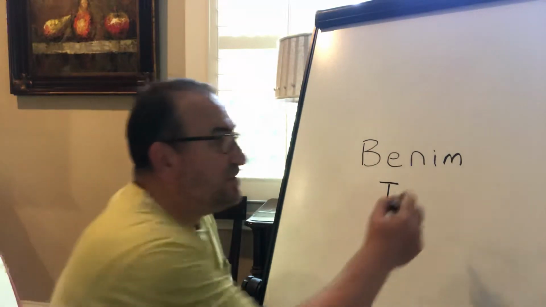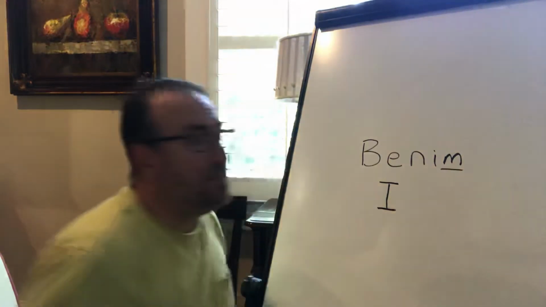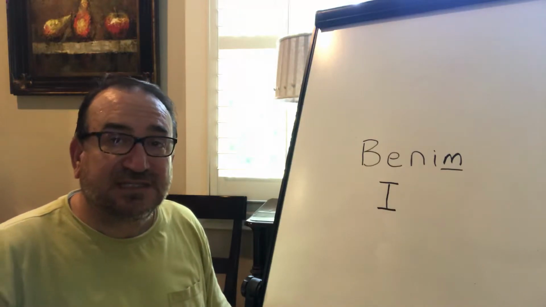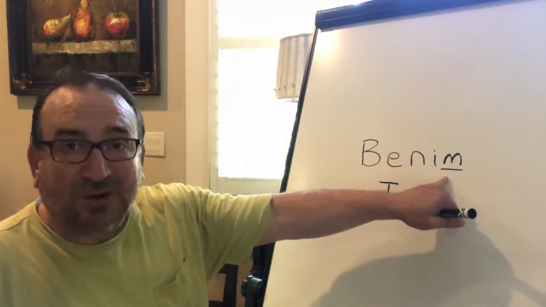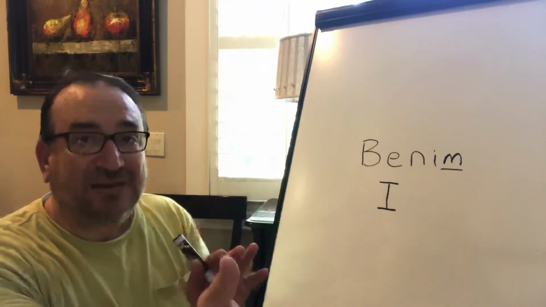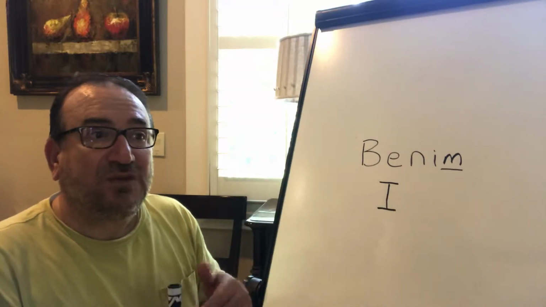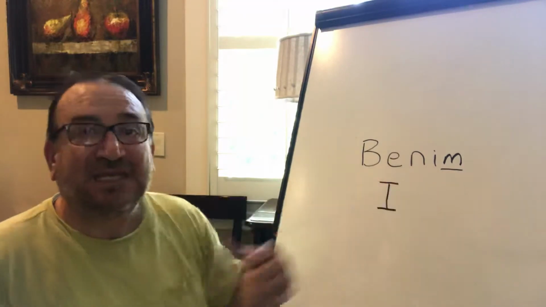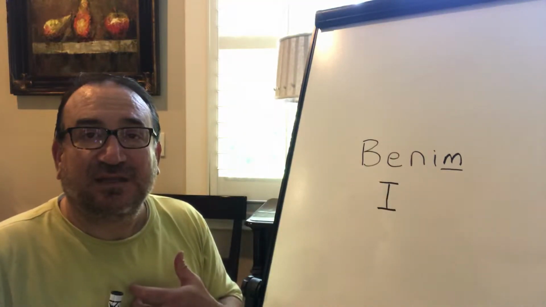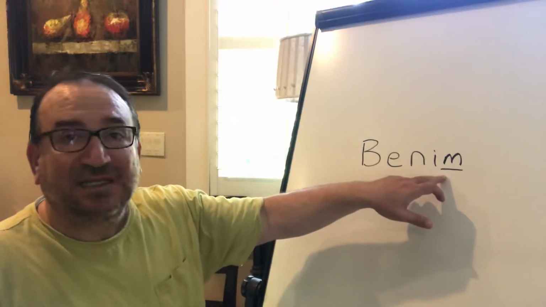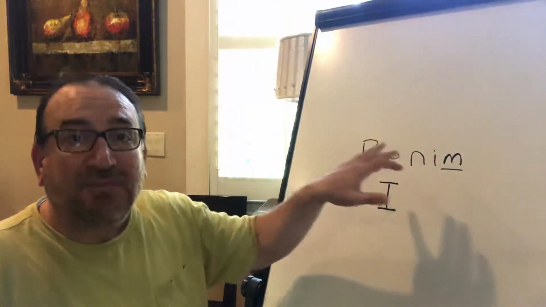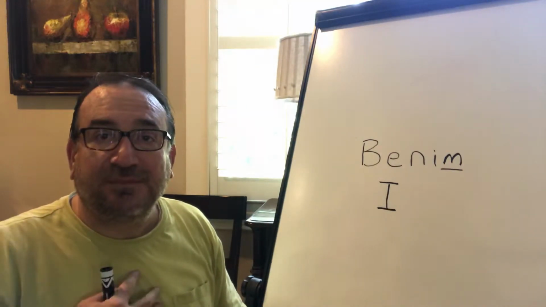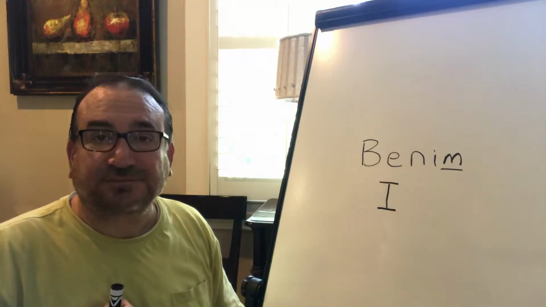So remember, M, and you will see it in further lessons that verbs, when you add M to it, and when you add to names, when you add M, it makes it mine. So when you add M to ben, benim, it becomes mine. Whose car is that? Benim. It's mine.